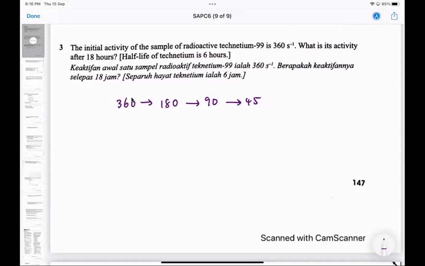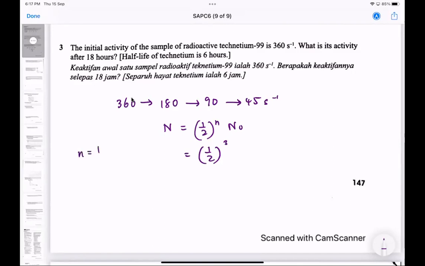per second. Or you can use the formula, N equals half to the power n times initial value. Small n is 18 hours divided by 6, which is 3.